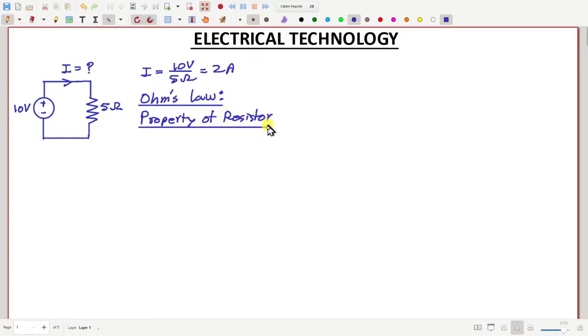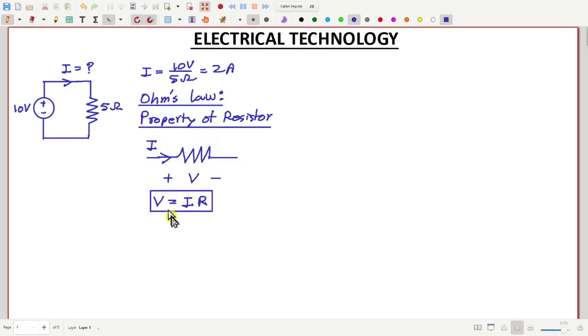It says that suppose if we have a resistor and if current is flowing through it from say left to right, let that current be I, and if the voltage across it is V, more specifically if the potential of the left side of the resistor with respect to the right side is V, then V and I are related by this equation, V equal to IR.